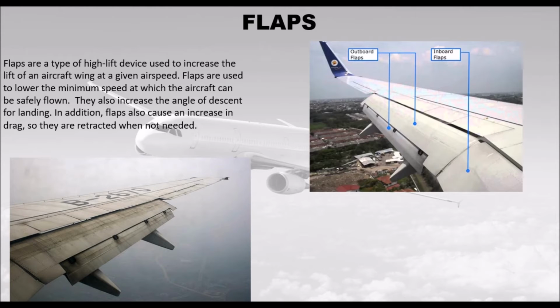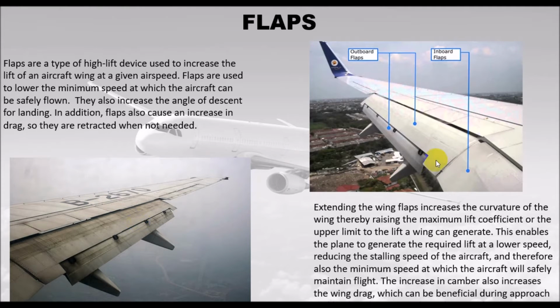Here are two photographs of two wings showing the flaps as they are deployed. This is the flap here. This is the outboard flap and this is the inboard flap, and you see how they are increasing the area and the curvature of the wing.